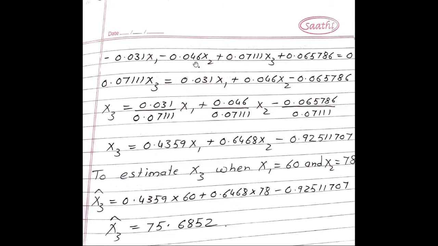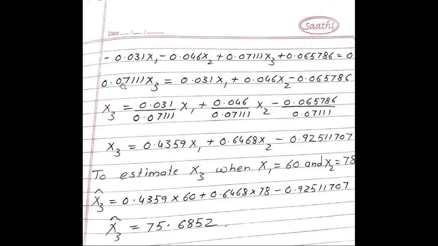So the equation can be written as minus 0.031x1 minus 0.046x2 plus 0.07111x3 plus, we take all the constant terms together, the answer becomes 0.065786 is equal to 0.